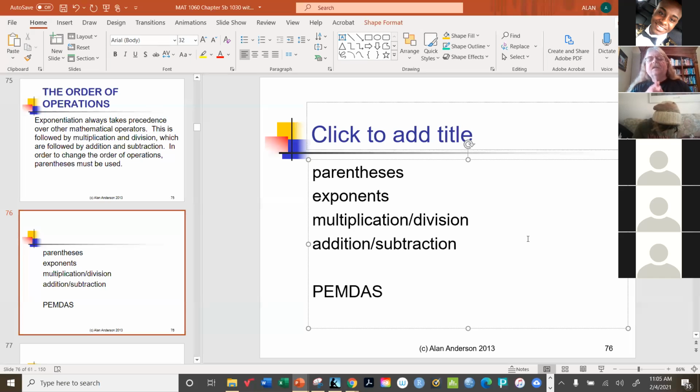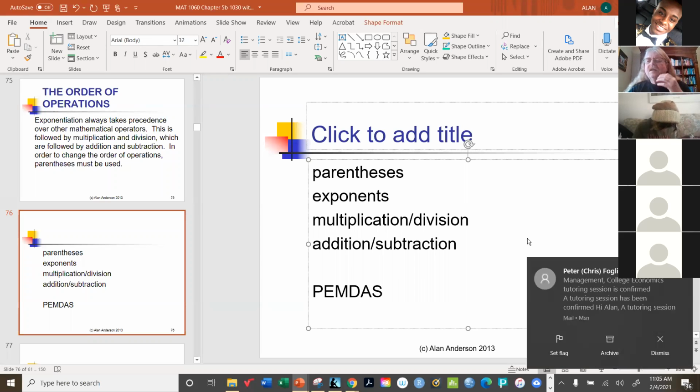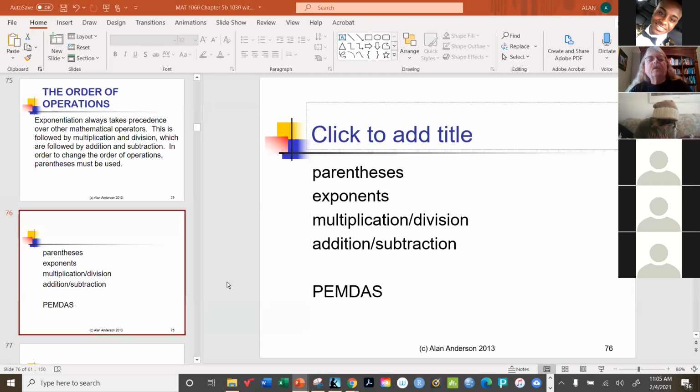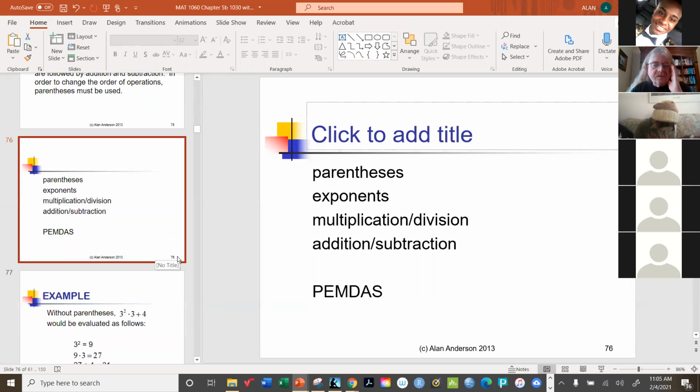So if you take the first letters of all these words, you get PEMDAS. Were you all introduced to this in order to help you remember? Most people were. It's a pretty common approach. This word is there to help stick this in your memory.